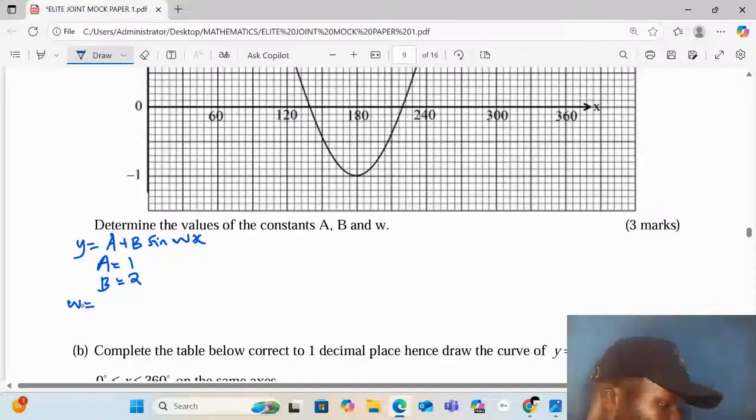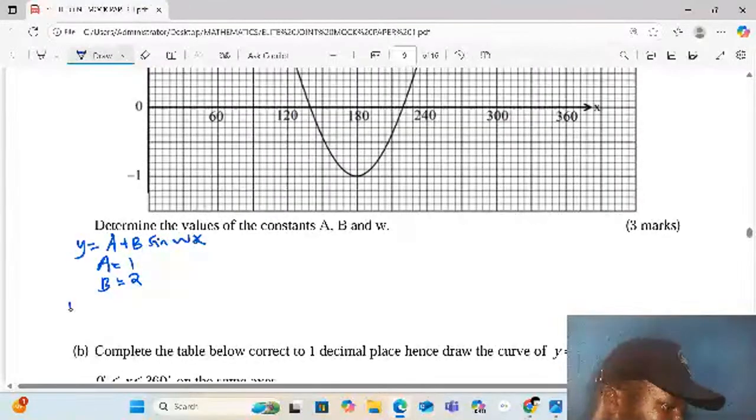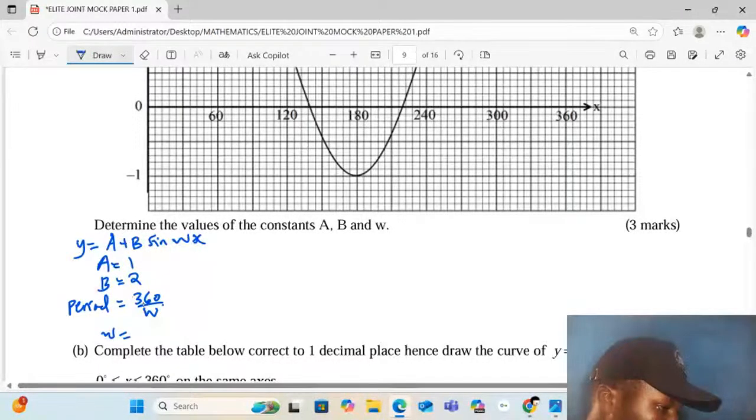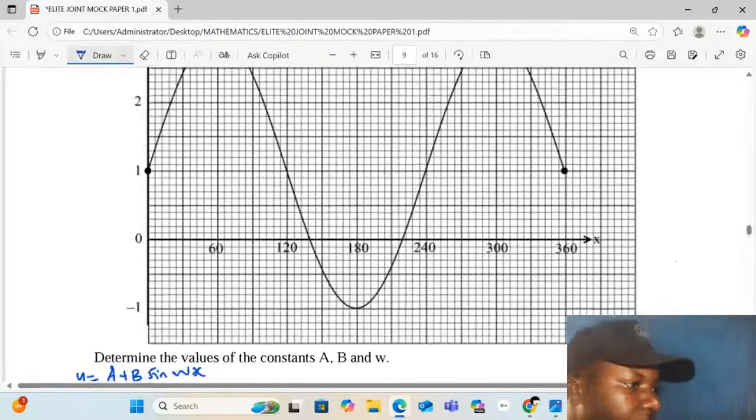With the w, we can say the period of that wave will be equal to 360 divided by w. So for us to find w, what is the period?